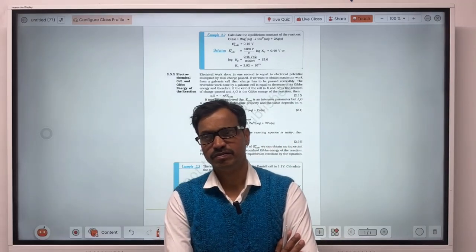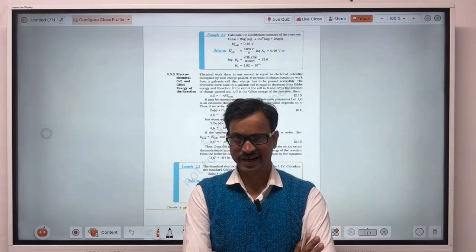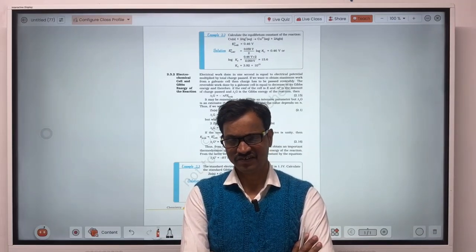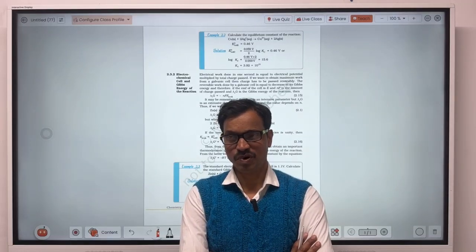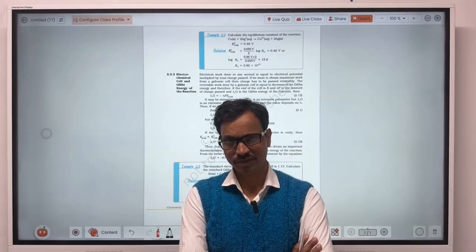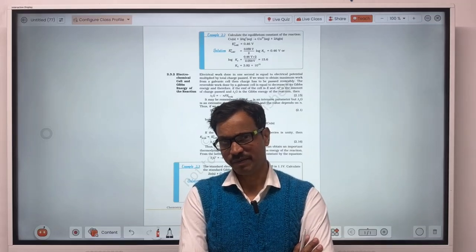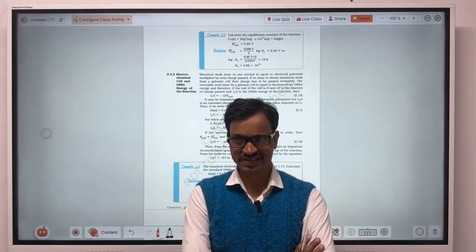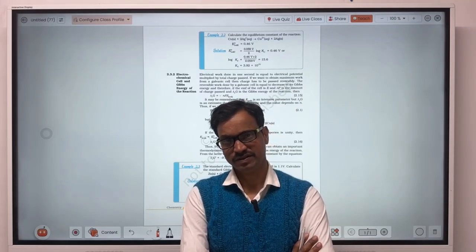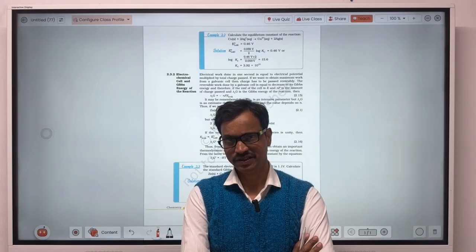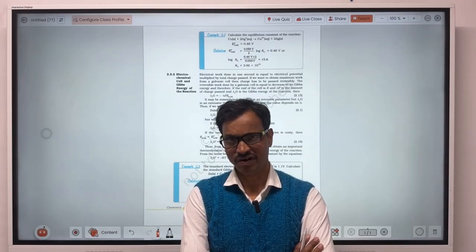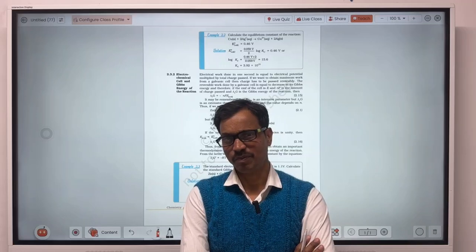And if we keep boiled water in the room, then after a certain time that water will cool down. Why? Because heat energy will flow from that water to the environment. So in this case the movement of heat energy takes place from the water to the environment.